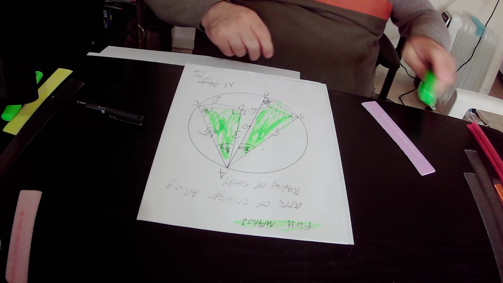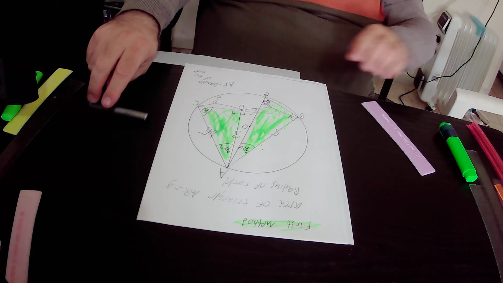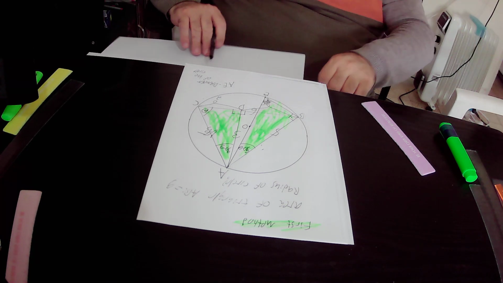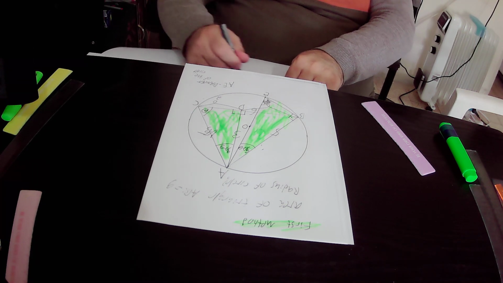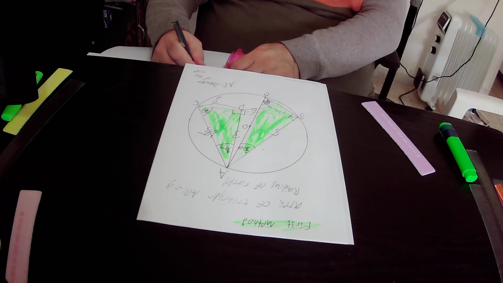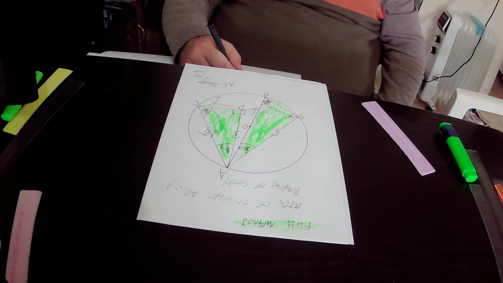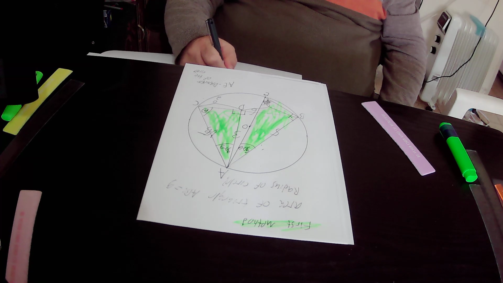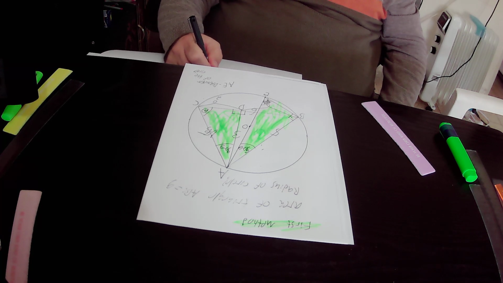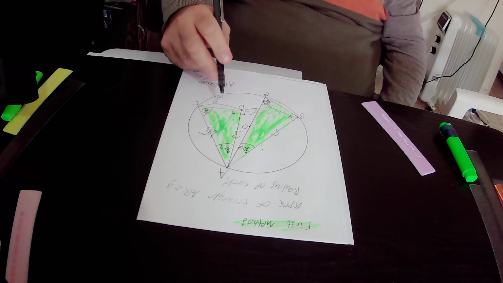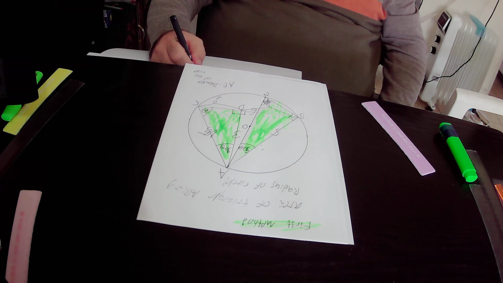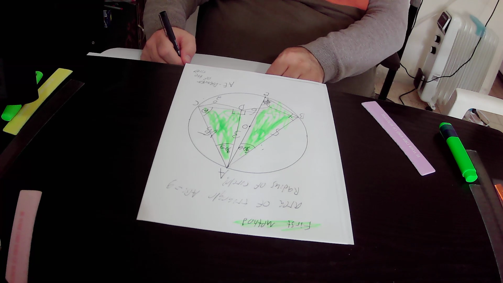So write it down. We put that the right green triangle ABE is similar to the right green triangle ADC.